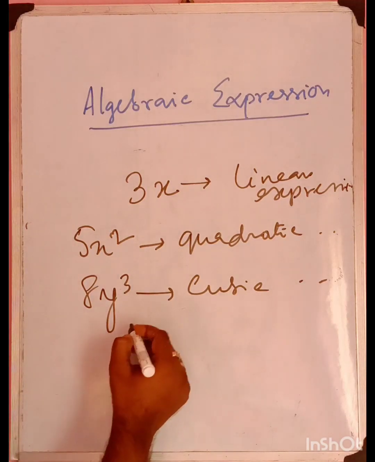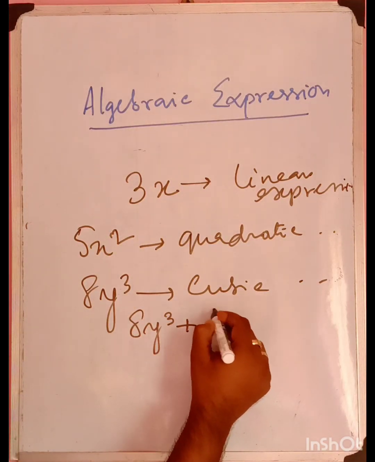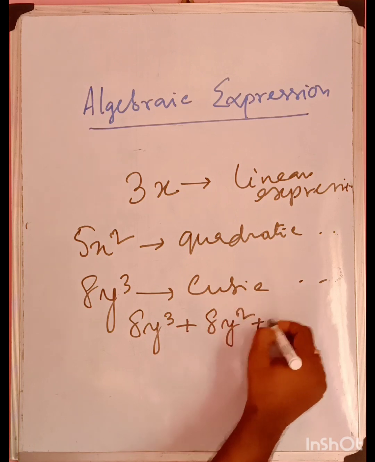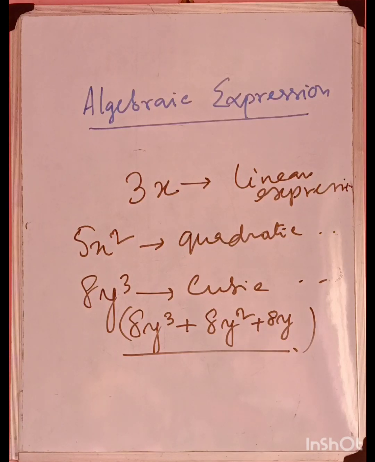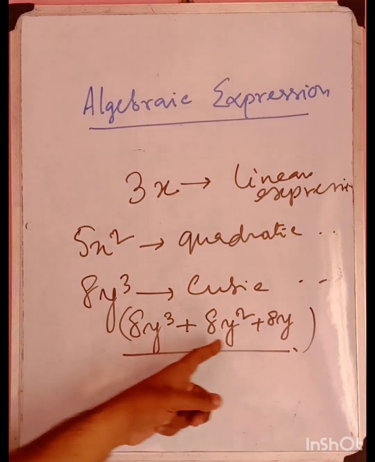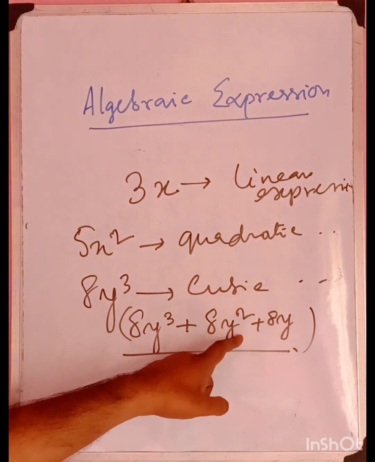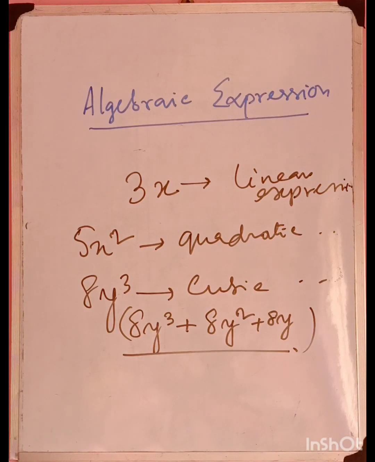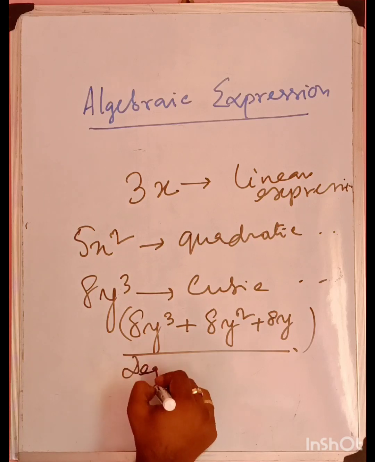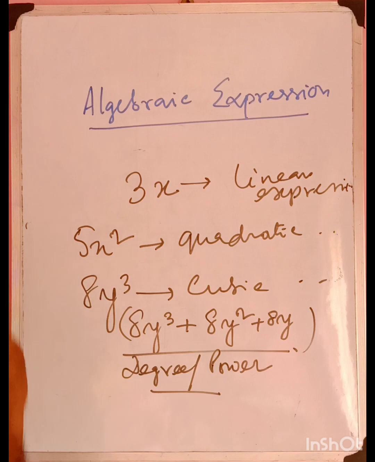Now tell me, what is the power of this expression? 8y cube plus 8y square plus 8y. So you have y with power 1, y with power 2, y with power 3. What is the power or degree of this expression?